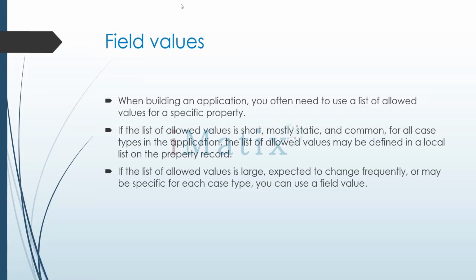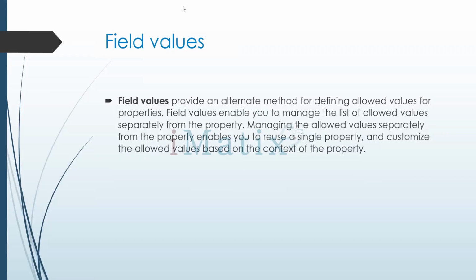Instead of the local list, we try to use an alternate method called field values. Field values are a separate rule type. Instead of having the values associated to a property, we create these as separate entities that I can manage separately.